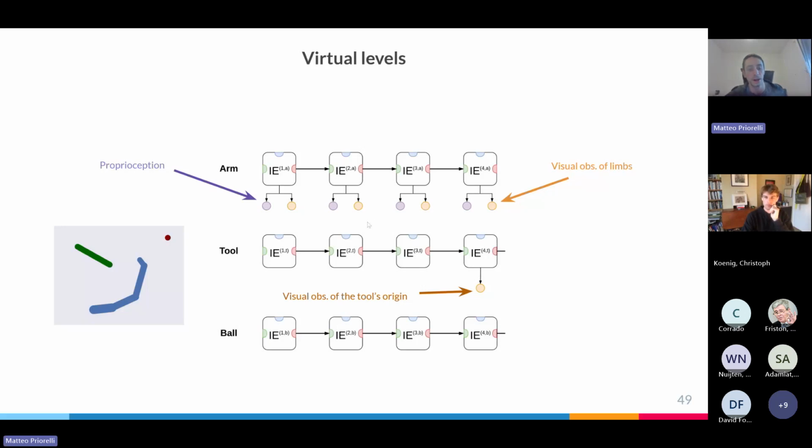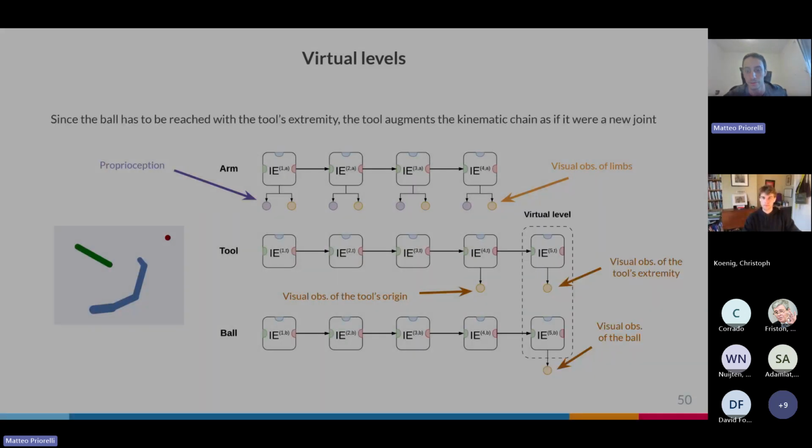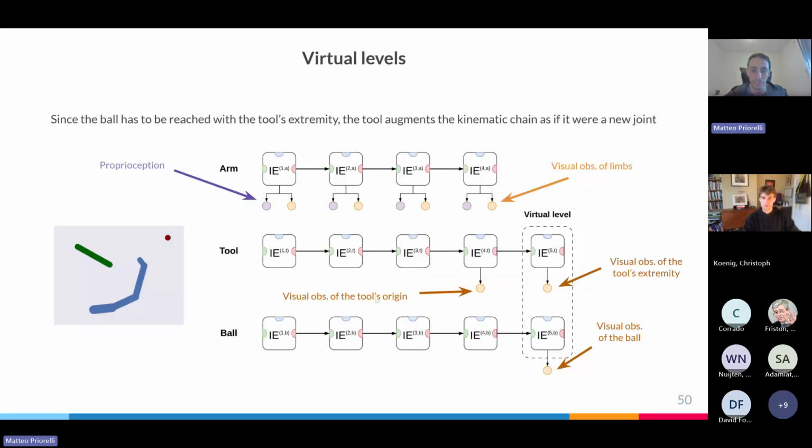However, the problem now is that we have a hierarchical dependency of an object, the tool in this example, and we need flexible hierarchies. We need a way to encode this hierarchical dependency of an object in relation to our body configuration. So what we do in this case is to consider a virtual level for these two potential configurations, since we want the agent to reach the ball with the tool's extremity.